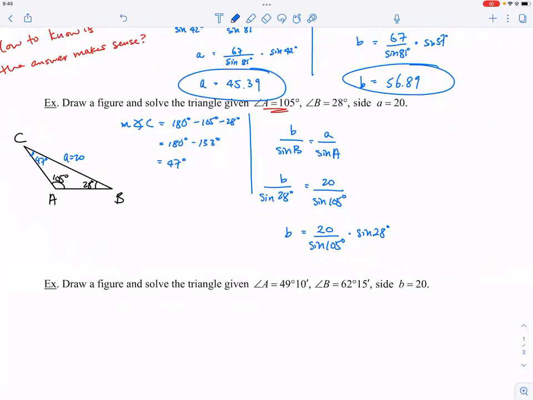So if you do the calculation, you should get that B is equal to 9.72. Can you all get 9.72?